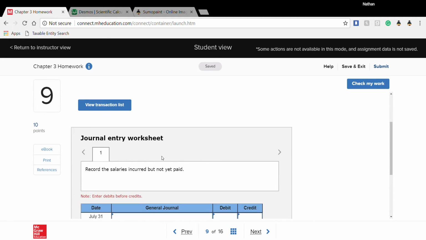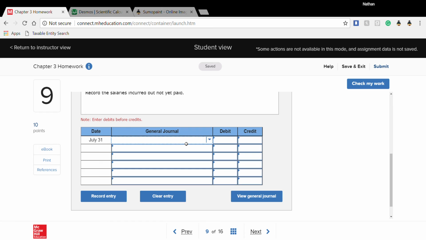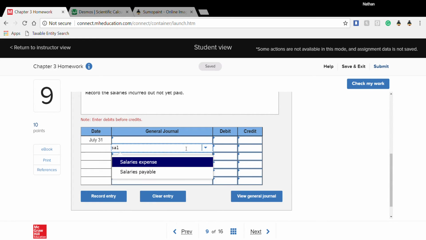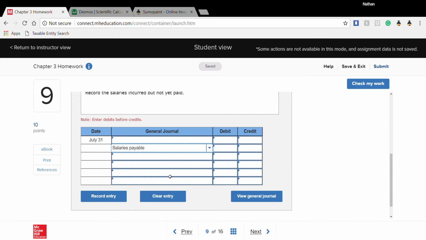And so on July 31st, again, we owe this to our employee. So since we owe, it is a payable. This payable is increasing, and notice that payables will always be a credit. So we know that account. Again, the other account is just a sister expense account.